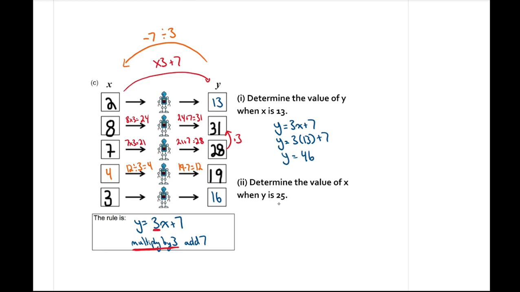For 2, I want to figure out the value of x, or my input, if the output, or y, is 25. Here I'm just going to go in reverse. I'm going to subtract 3 first.